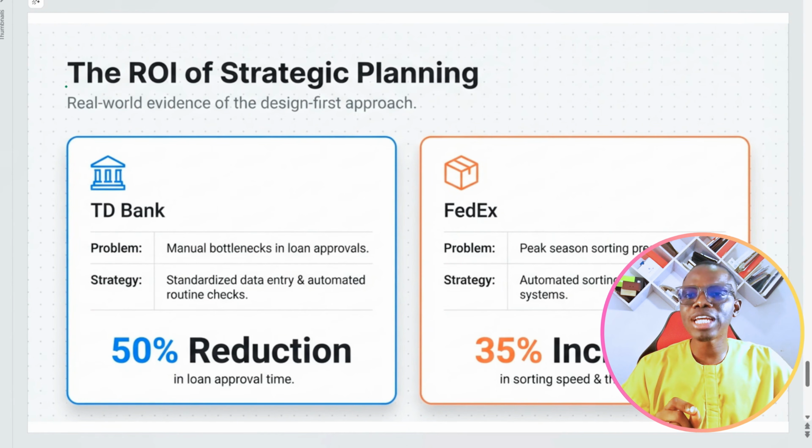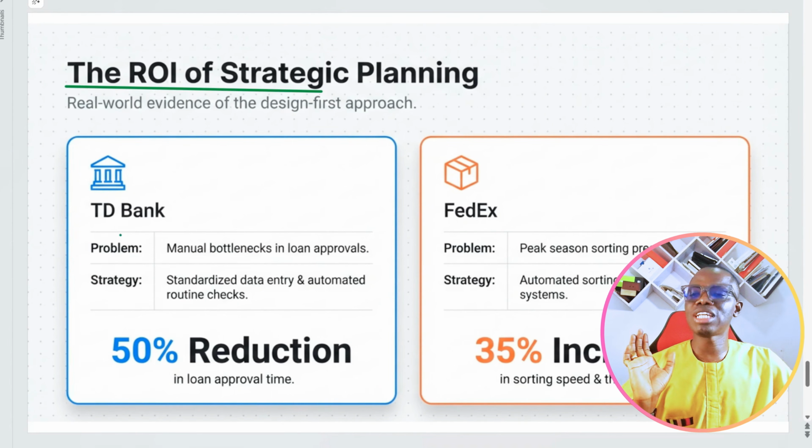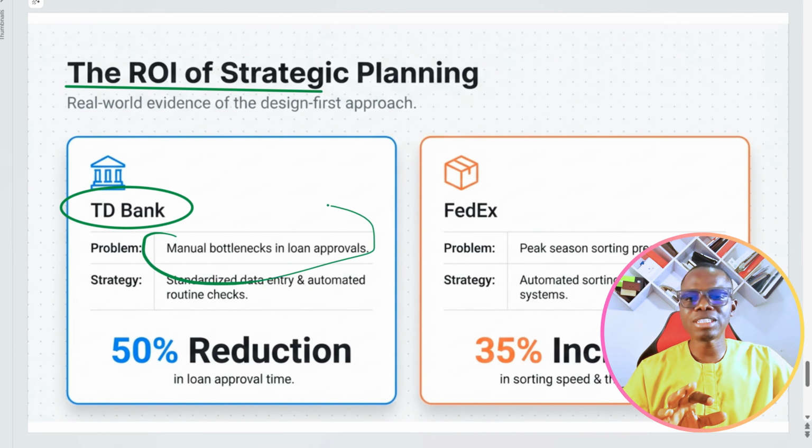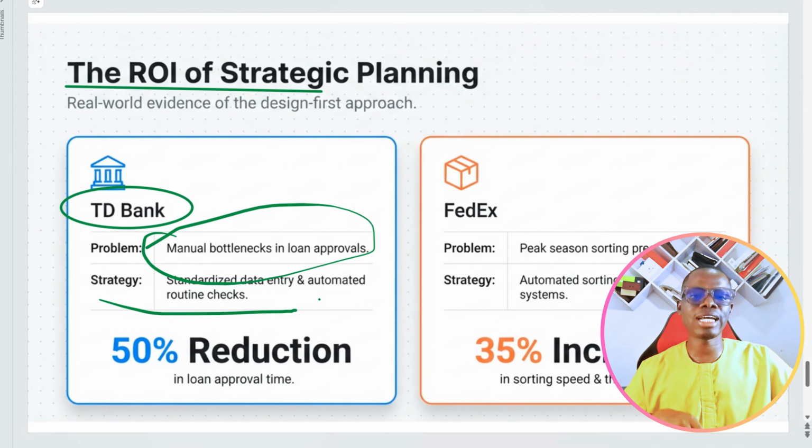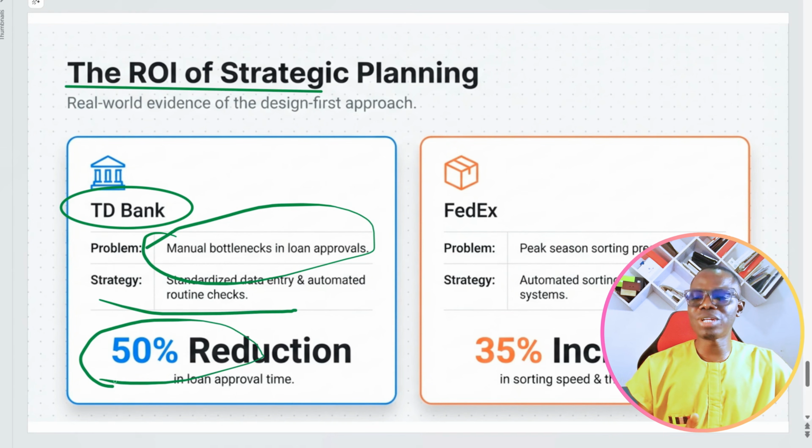You want to show them what the ROI is going to be, return on investment. These are examples. When you tell somebody, I built something for this particular bank, the problem initially was a manual bottleneck in loan approval. What happens now? We standardize data entry and automate the routine check. The result: a 50% reduction in loan approval time.